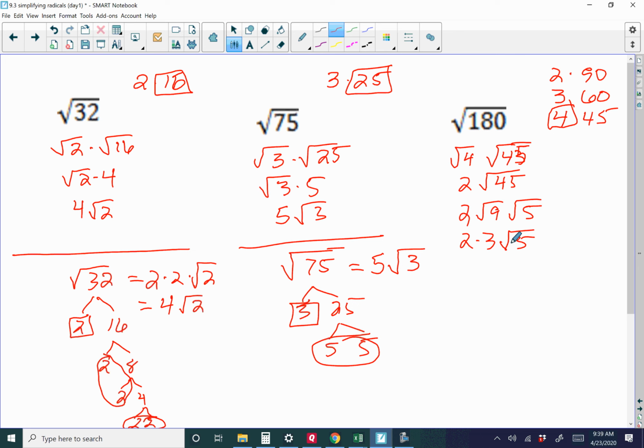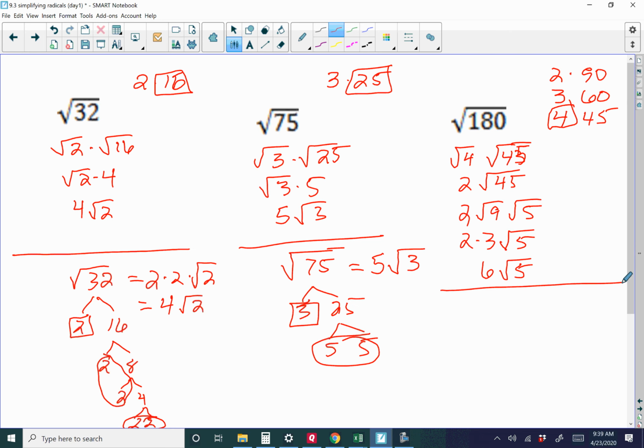Square root of 5 cannot be broken down any further. It is in its simplest form. 2 times 3 is 6. So this is 6 square root of 5. That's your answer. Again, anytime a square root has a factor that is a perfect square, it has to be broken down further.